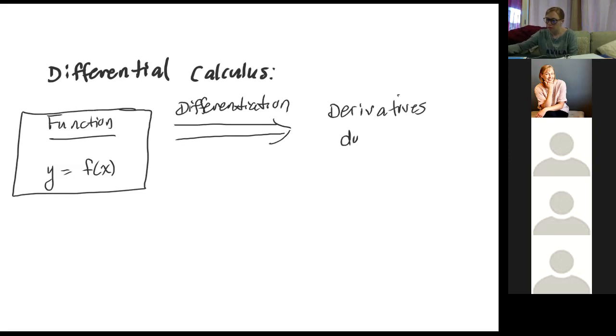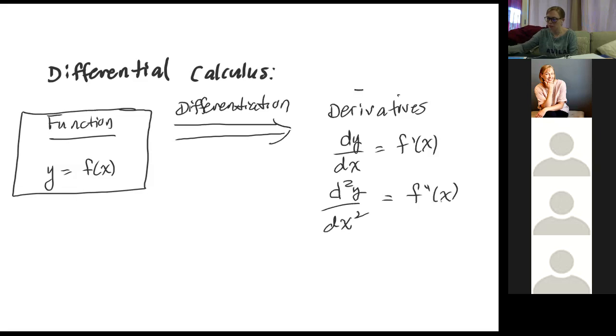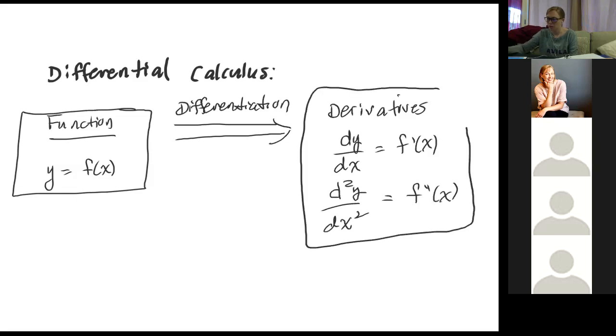And those came in the form dy dx is equal to f prime of x, or we found higher order derivatives, d squared y dx squared is equal to f prime prime of x, etc.